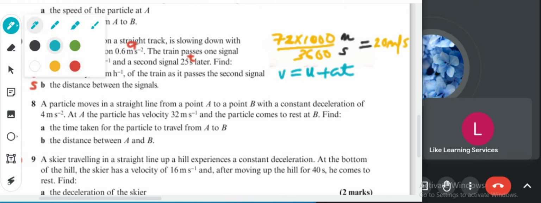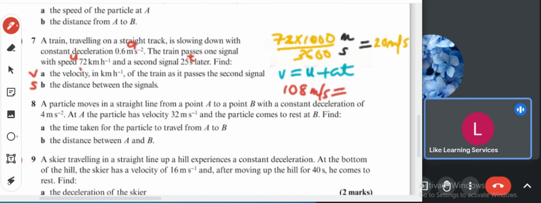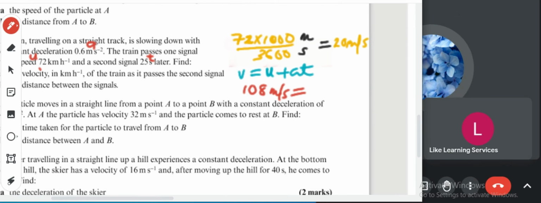You just do the same. You multiply by 3,600. No, I said, because the answer you're going to get will be in meter per second. Assuming we got 180 meter per second, can we change it to kilometer per hour? That's what I said. Multiply by 3,600 and divide by 1,000. Okay, the reverse.